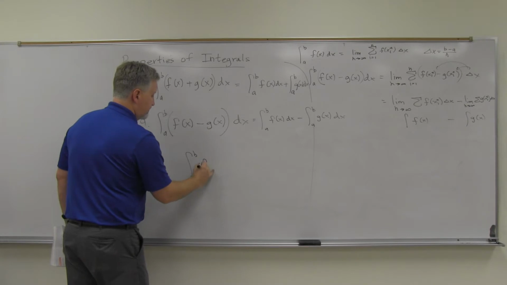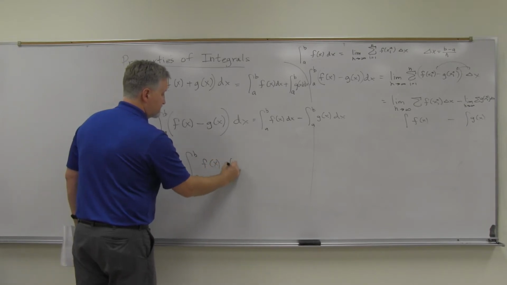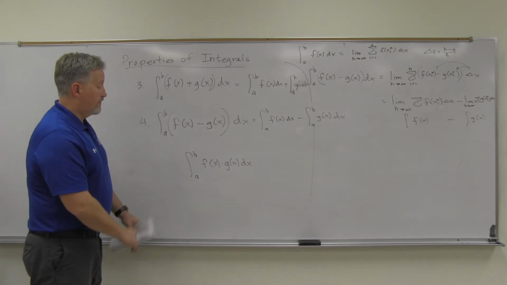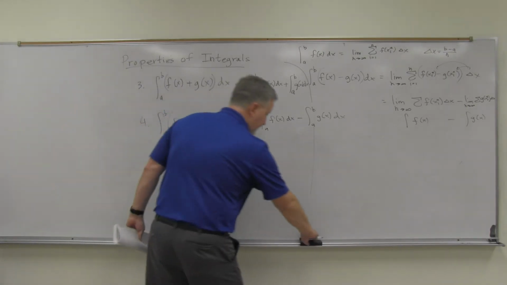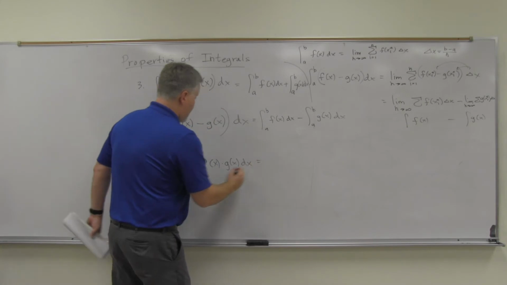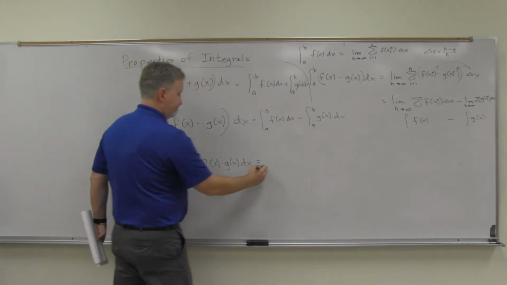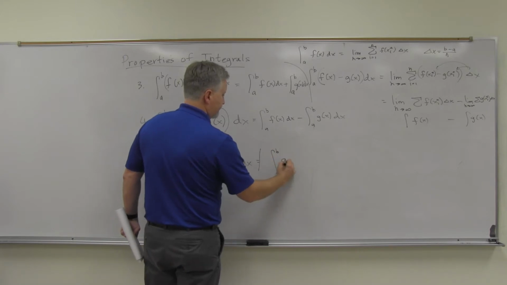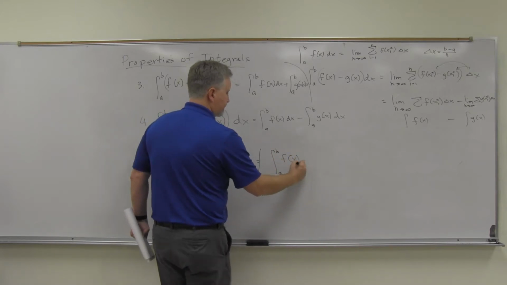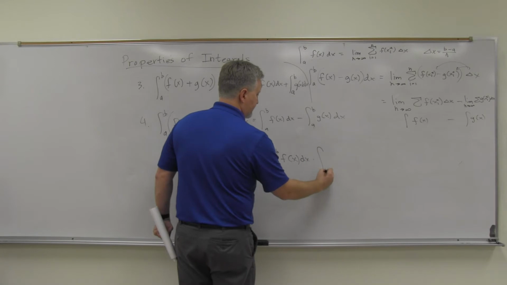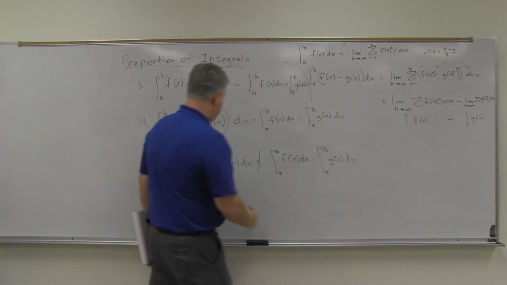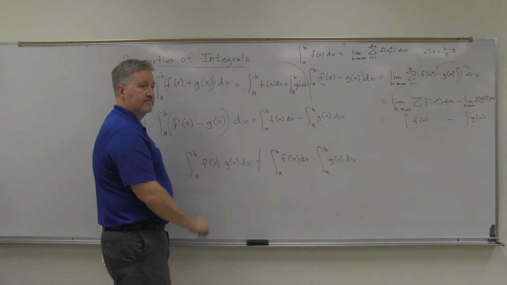You cannot separate times, and that's what makes these integrals so tricky, complicated, if you will. When I've got two things multiplied, it doesn't work. You can't do the integrals separately when they're times, two functions of x.